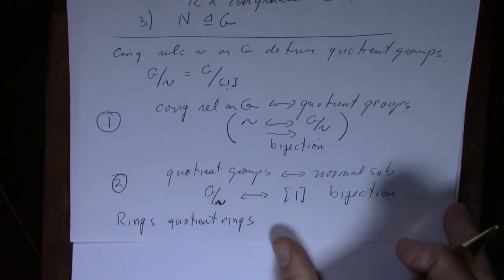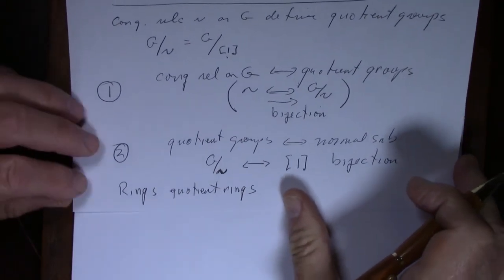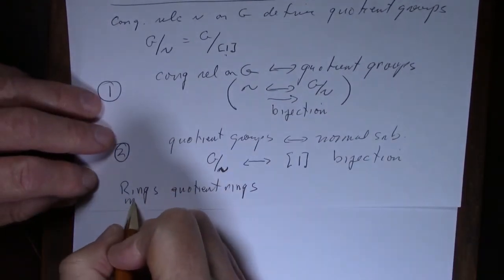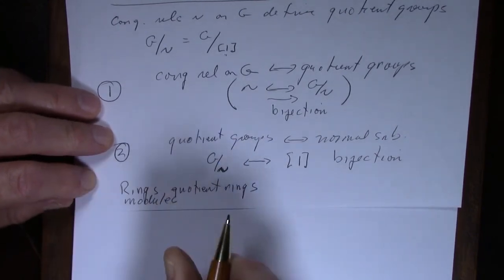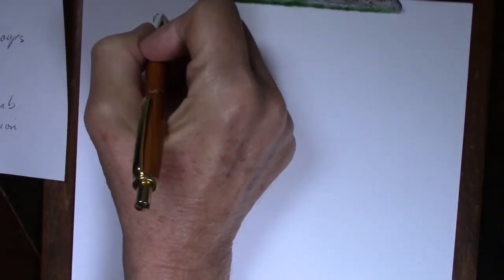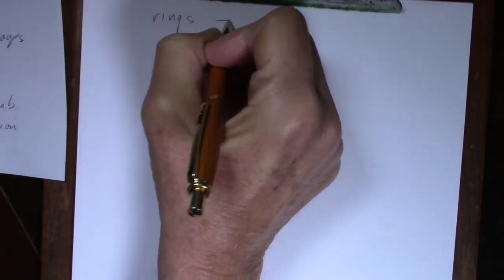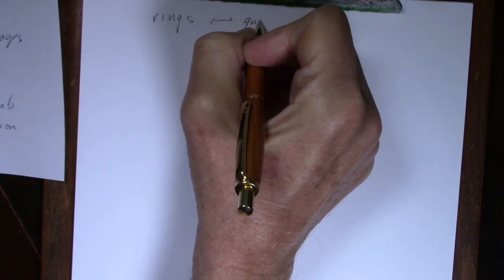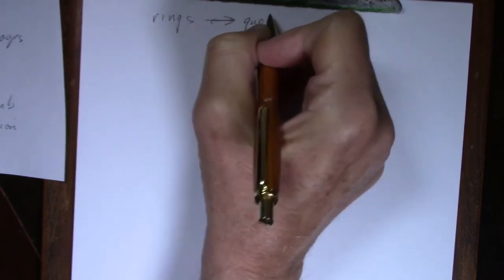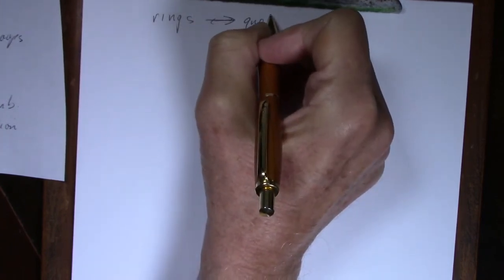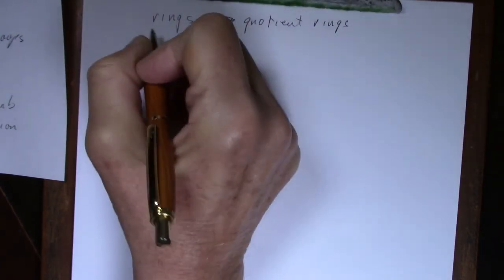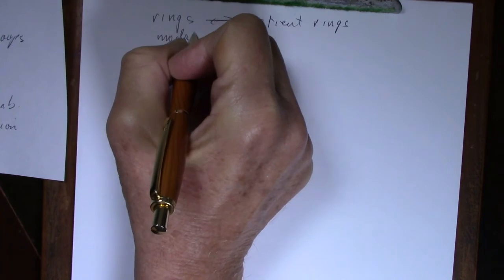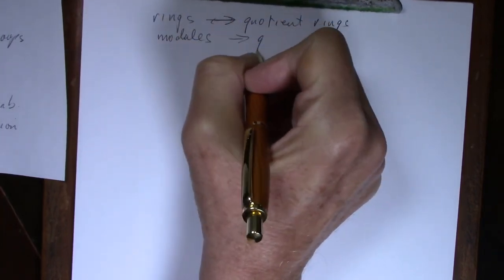We could also do the same argument for modules, for example, or even vector spaces. Let me get some more room here. So for rings, we get quotient rings. For modules, we get quotient modules.